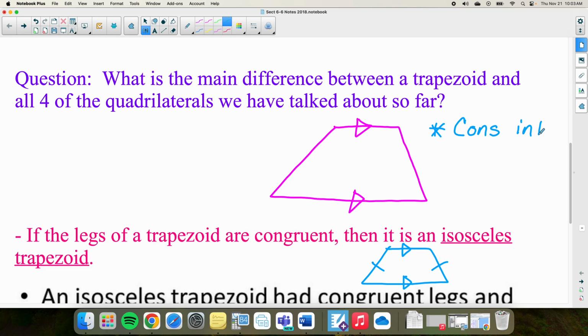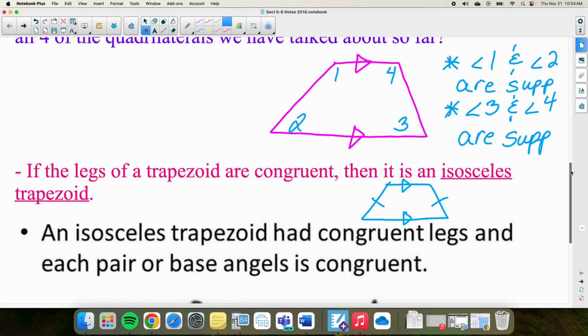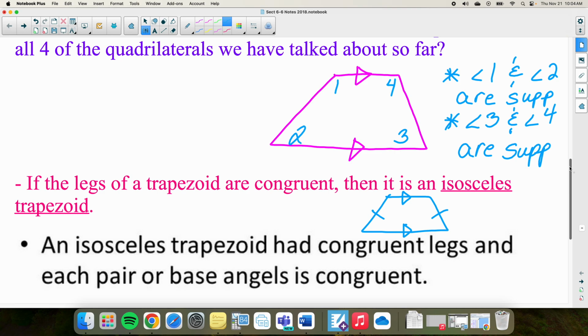Off to the side of this one, write that consecutive angles are supplementary. Maybe I should name them or number them. Let's do that. And then let's say angle 1 and 2 are supplementary. And angle 3 and 4 are supplementary. And that would be the case down in the other one also, okay?